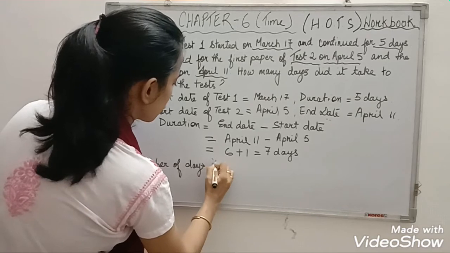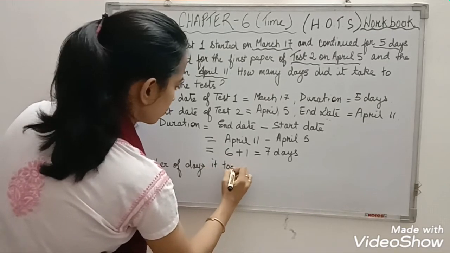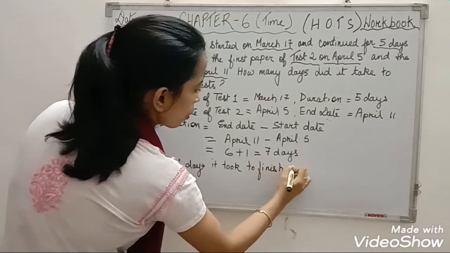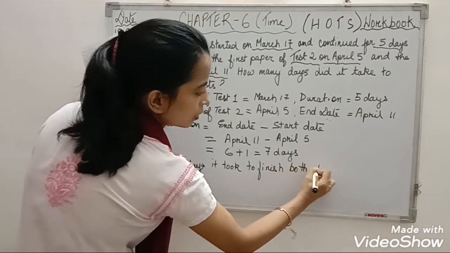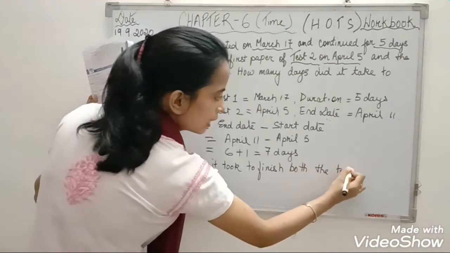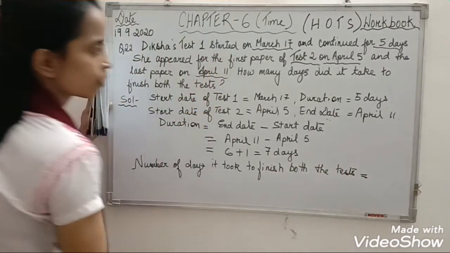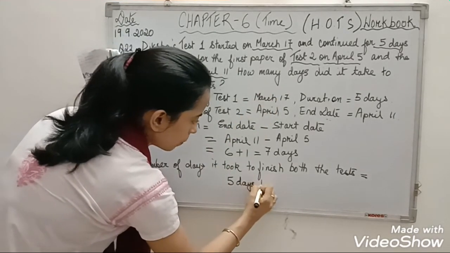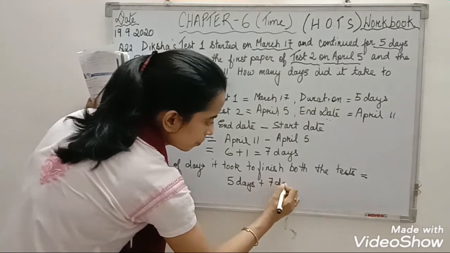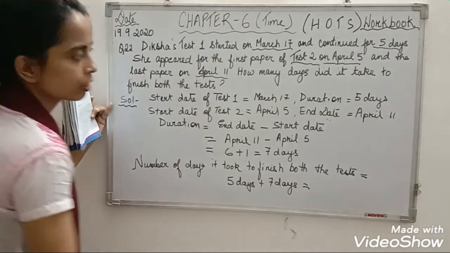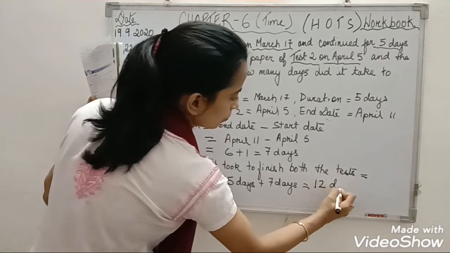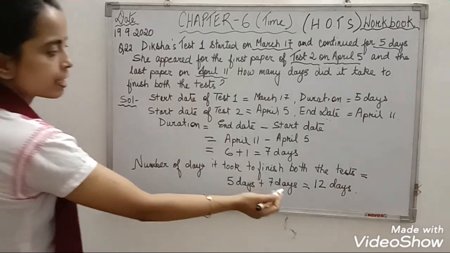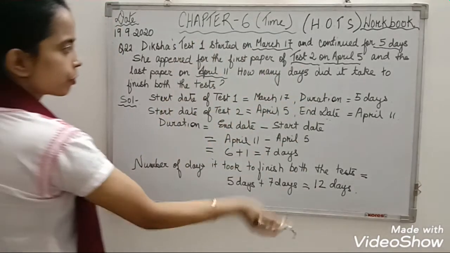Number of days it took to finish both the tests equals, children, 5 days plus 7 days. It comes to 12 days. So it takes 12 days to finish both the tests.